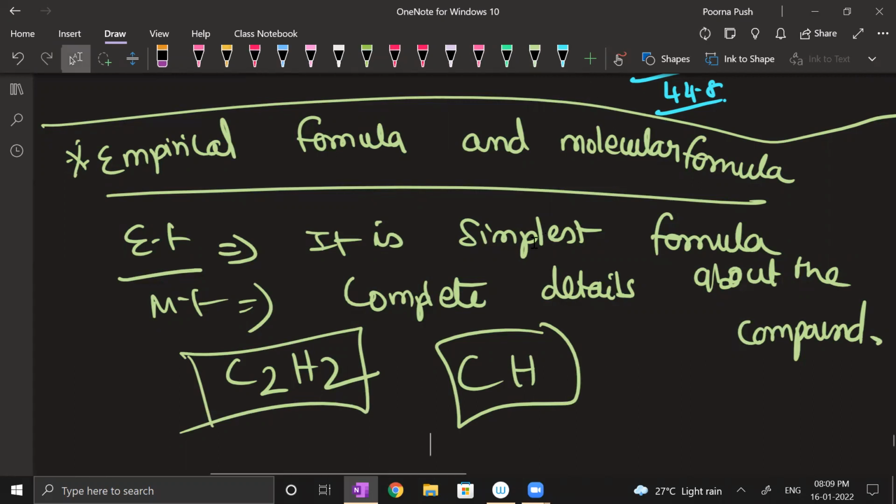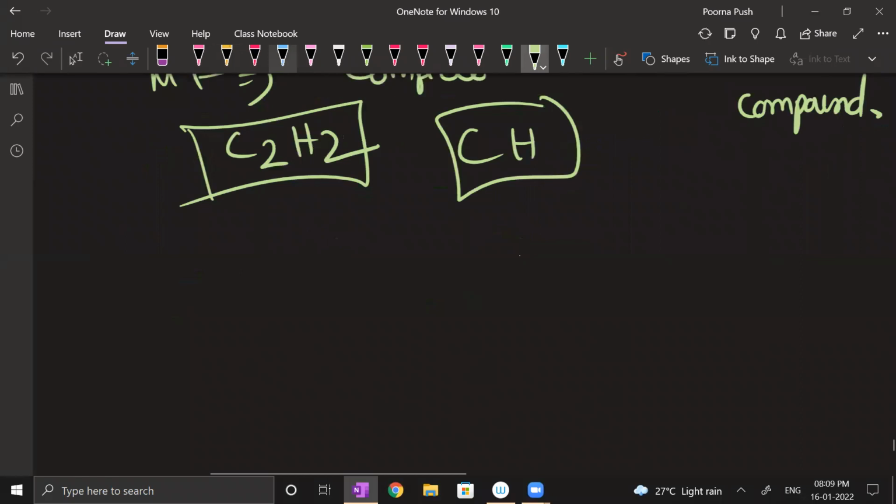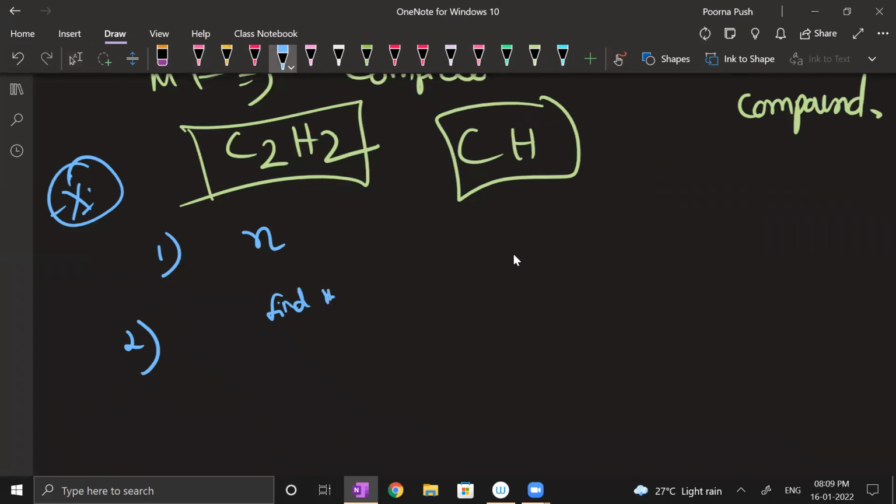There are some steps for how to do this. First, find the number of moles.